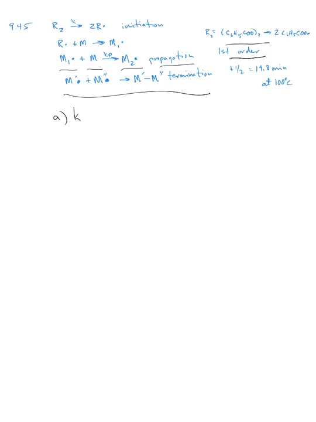If it's first order, there's a very simple relationship between the rate constant and the half-life, and 0.693 divided by 19.8 minutes gives me a rate constant of 3.50 times 10 to the minus 2 minutes inverse.